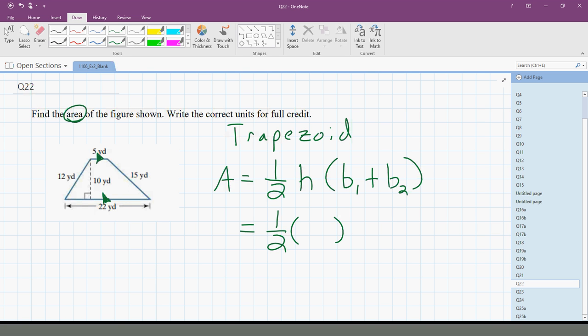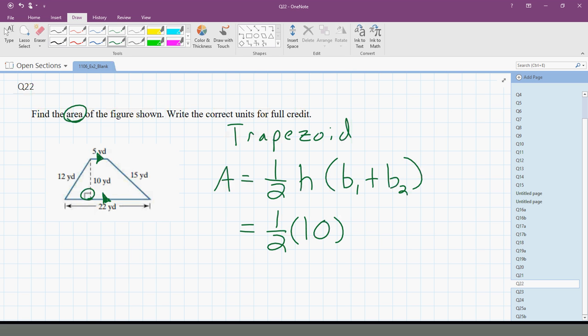Number 12 is not a height. 3 options. Number 22 or number 10? Well, which one is it? 22 or 10? That's not 22. It is 10. Remember, the height is connected to the right angle symbol. The height is connected to the right angle symbol.